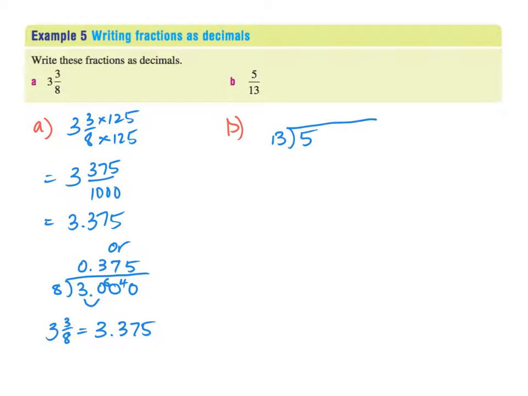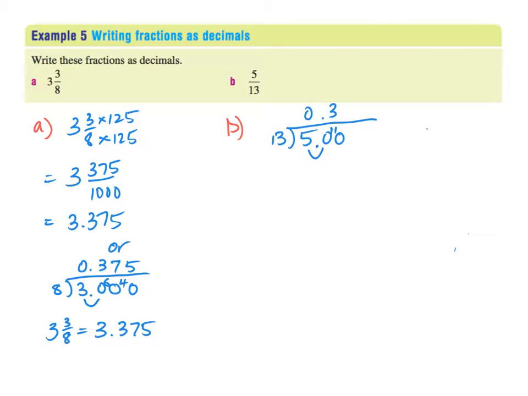Not sure how far we're going to go yet, but we'll just put 2 zeros for now. And the decimal place goes at the top too. So 13 into 50 here goes 3 times, and that's 39 with 11 left over.